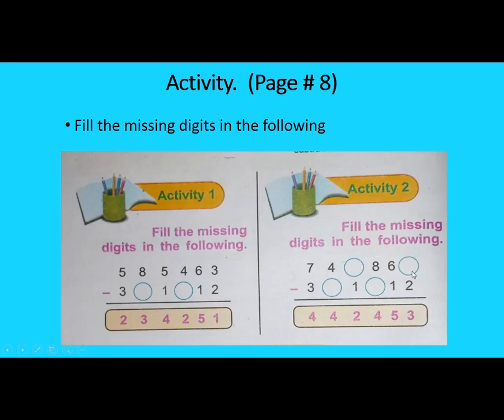What comes over here? We don't know. This is a circle, and from a circle we subtract 2 and we get 3. Then you can easily find what number will come over here. 6 minus 1, we get 5. 8 minus a blank circle, we get 4.